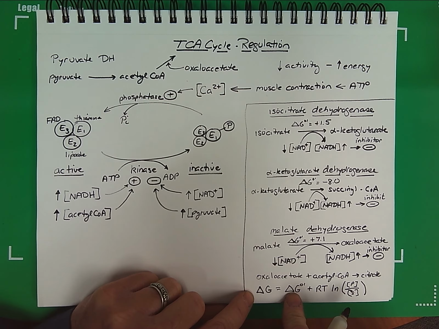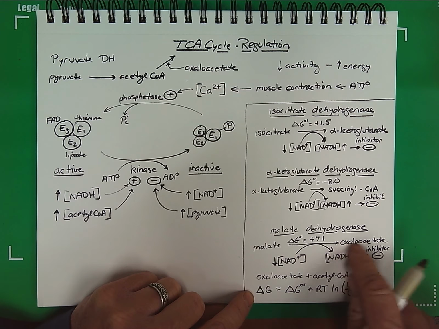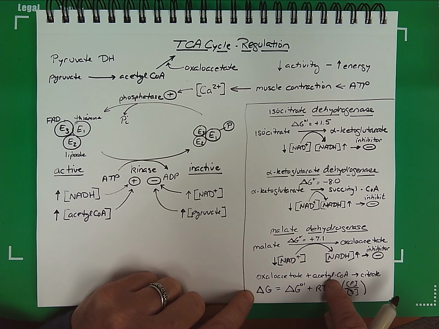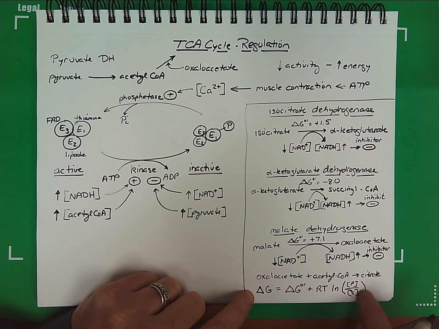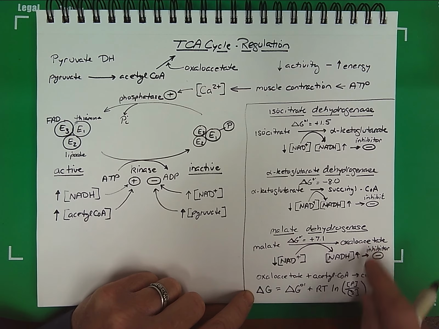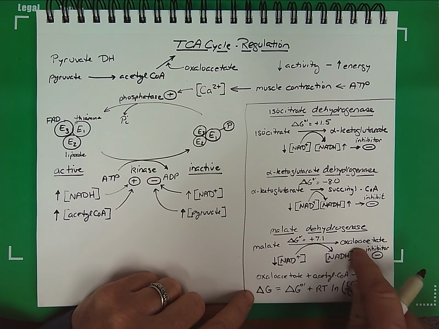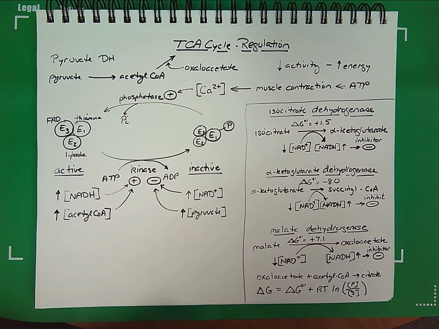Even though we have a large positive standard free energy change, our product of this reaction, oxaloacetate, remains near zero because of the condensation with acetyl-CoA. If this quotient remains near zero, the natural log of that will be a very large negative number, overwhelming the positive standard free energy of this reaction in this direction, giving us a negative delta G to keep the malate dehydrogenase reaction continuing.